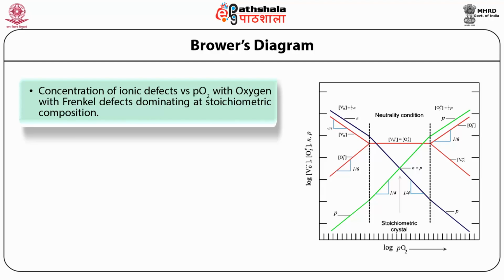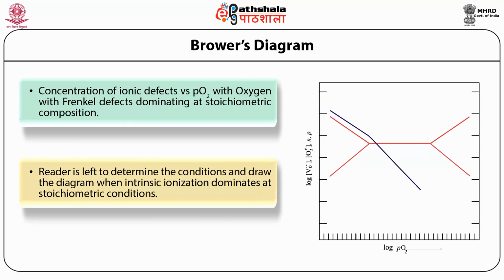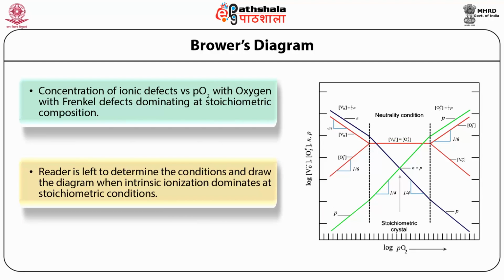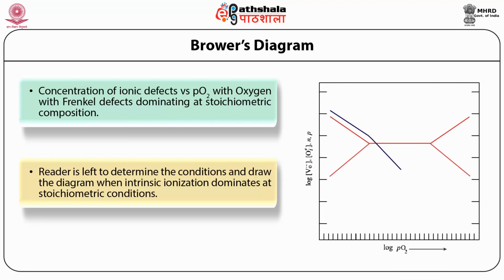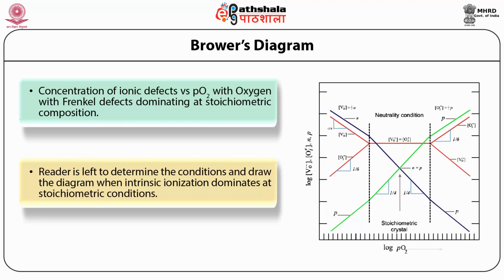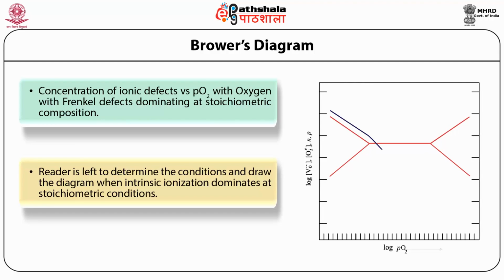Students, you can see on the left hand side of the slide, the diagram is obtained when Frenkel defects dominate, that is internal disorder of the material dominates in the intermediate pressure range. The best way to draw the diagram is to first draw the central region, making VO equal to OI, and then extend the lines of VO and OI into lower and higher pressure regions with appropriate slopes depending upon the oxide stoichiometry.